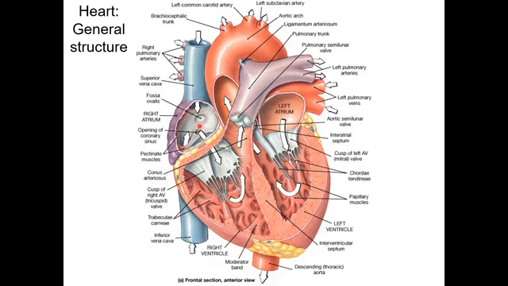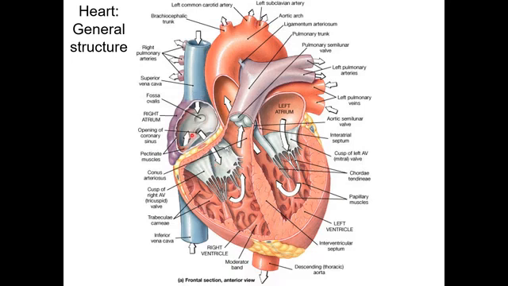These chambers are called the atria: the right atrium and left atrium, and the larger ventricles, right ventricle and left ventricle. So we have 4 chambers, 2 atria and 2 ventricles, 2 on the right side and 2 on the left side.